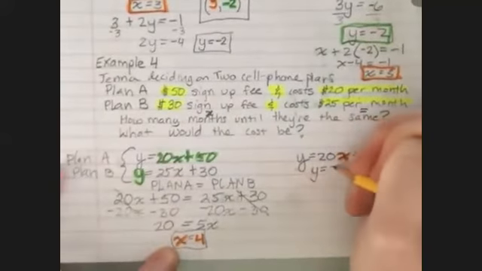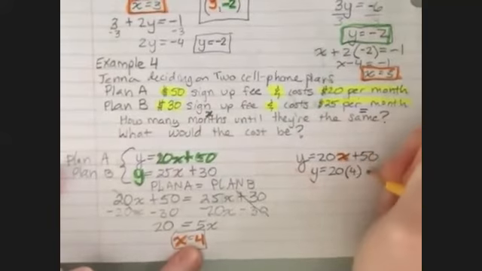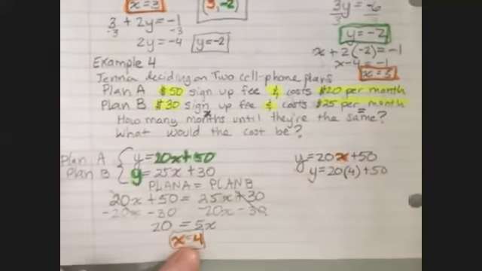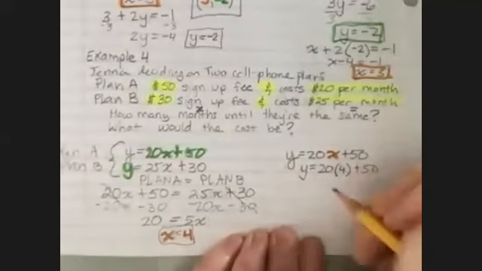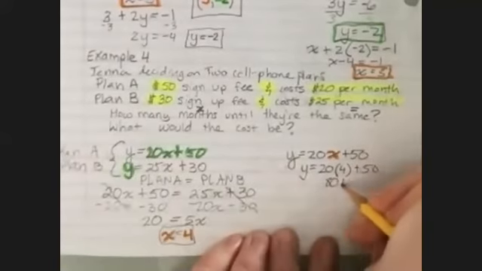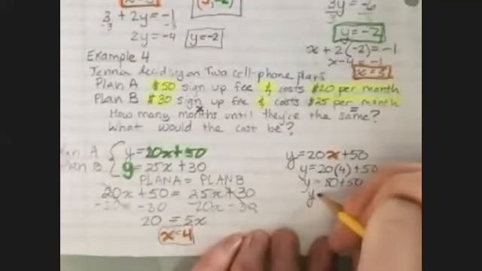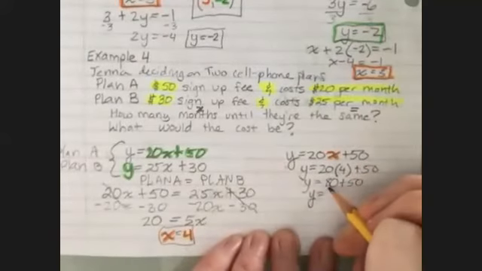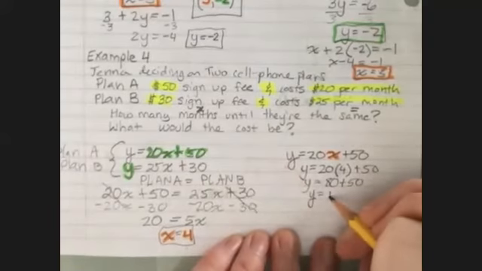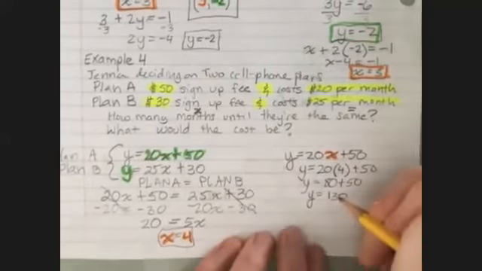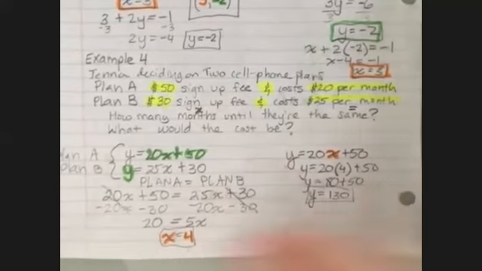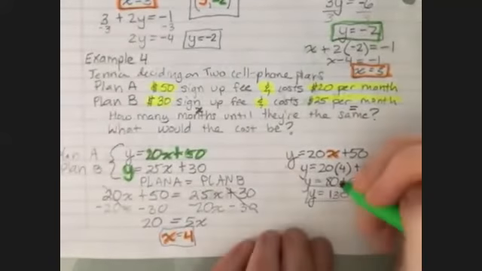So y equals 20 times the 4 plus 50. Then you multiply. 4 times 20 is 80 plus 50 equals y. That means that y equals 80 plus 50. So 80, 90, 100, 130. And 130 would be the solution for your y value.